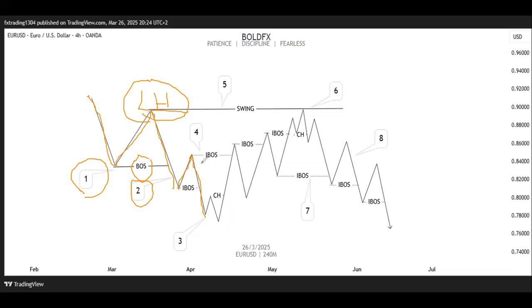So price breaks structure, creating a low, an internal higher low, right?